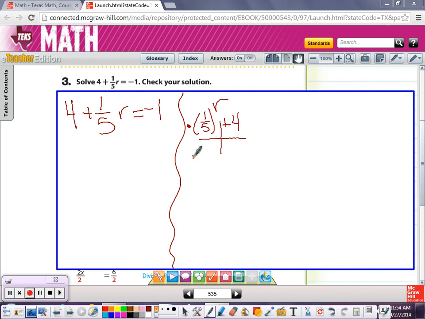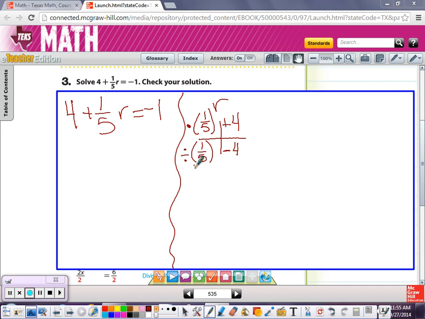Now beneath, I'm going to write down the inverse or opposite operations. The opposite of multiplication, we know, is division. And the opposite of addition is subtraction. The same numbers come with them. Now, here is where it gets a little different. There's one thing that's different here, and that is this part, dividing by 1/5.